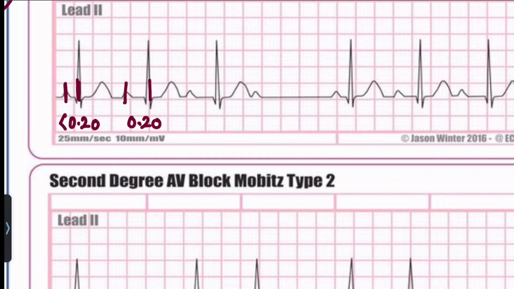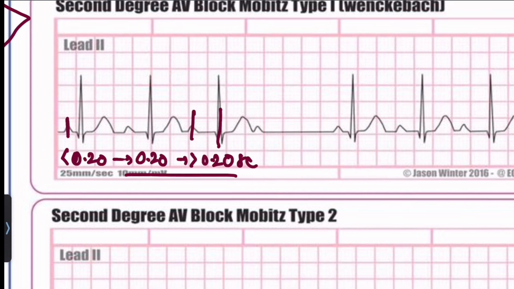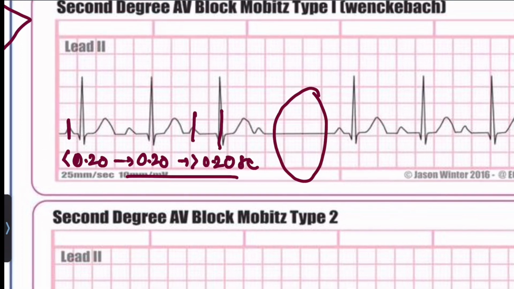Here you can see there is almost one and a half large boxes, that is more than 0.20 seconds. So the PR interval is progressively increasing, and there is a skip of QRS complex.